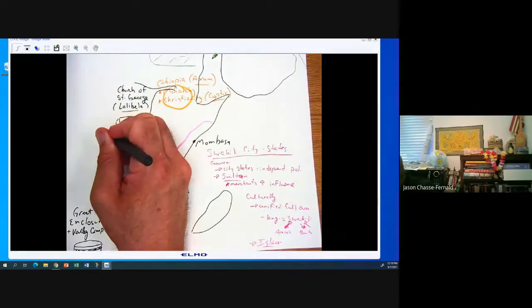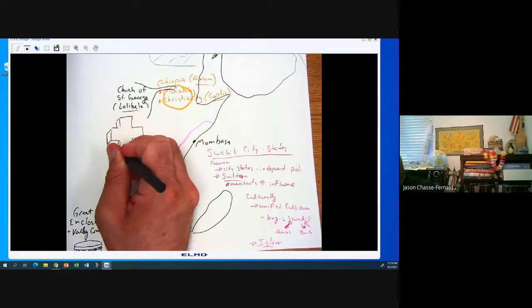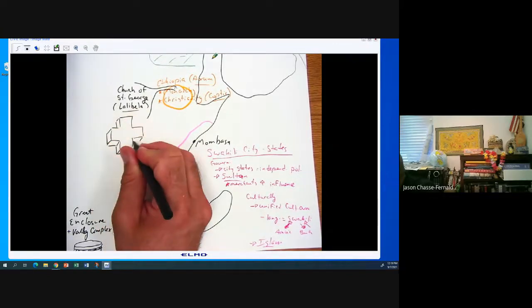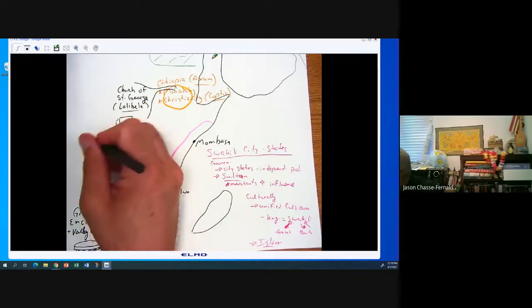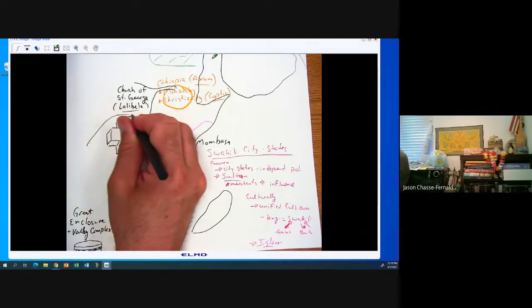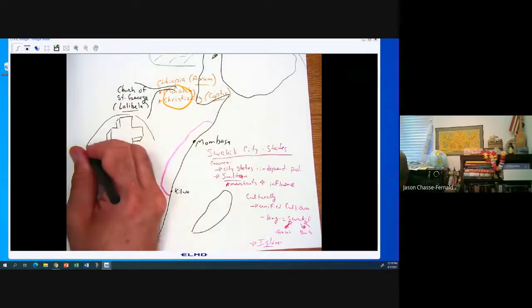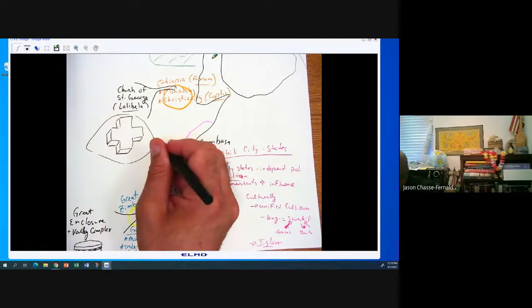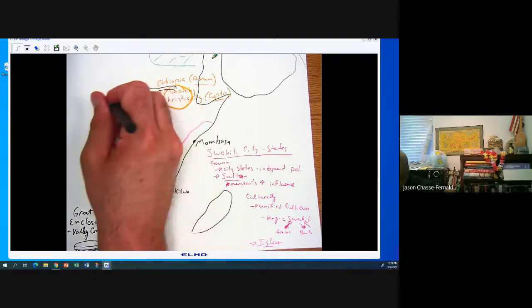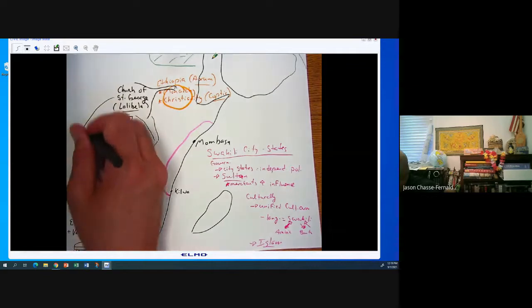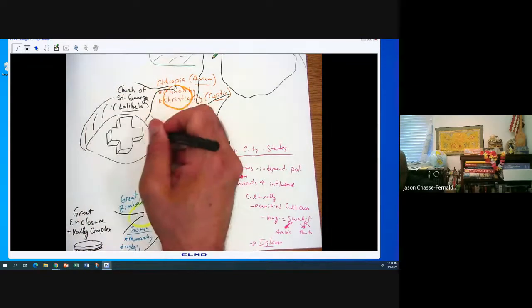Something to the effect of like this. And then this is carved into the ground, so we have a hole that's going to widen up a little bit. And then who knows? You get the idea.